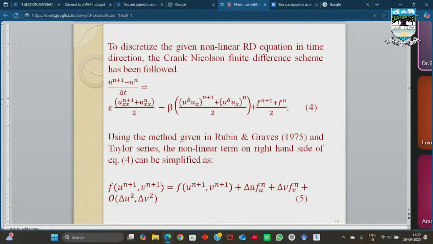To quasi-linearize these two non-linear terms, we use the method given by Rubin and Graves and the Taylor series approximation of multivariables to quasi-linearize these two non-linear terms at the n+1th iteration.